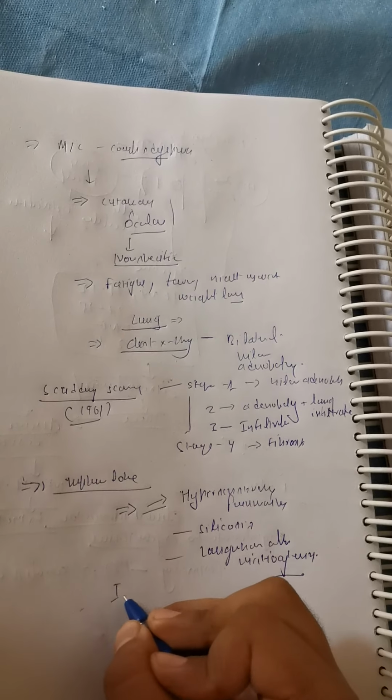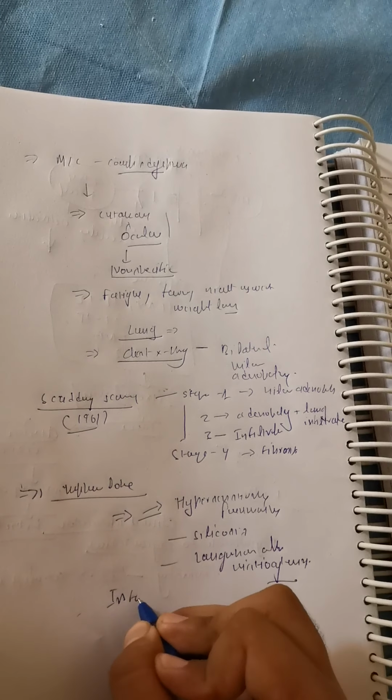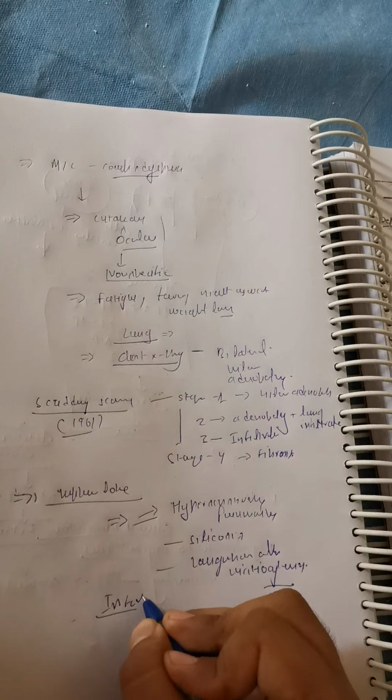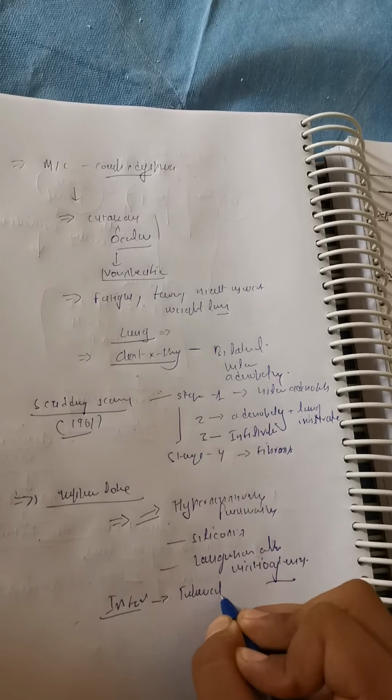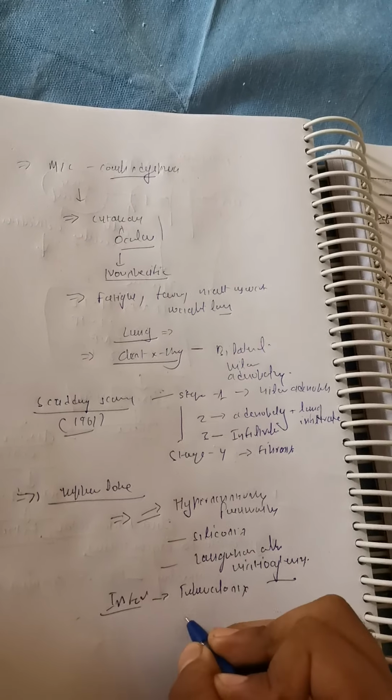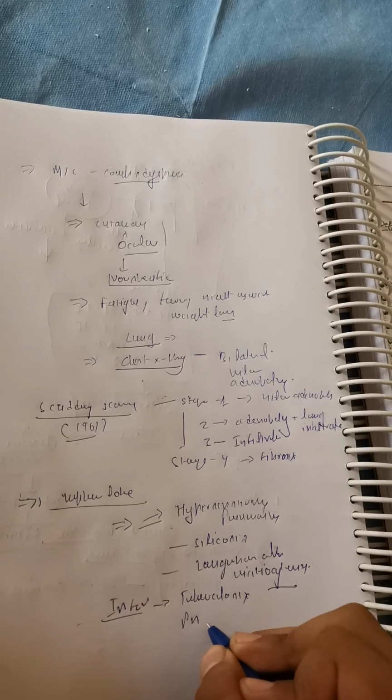The infectious causes with upper lobe involvement include tuberculosis and pneumocystis pneumonia.